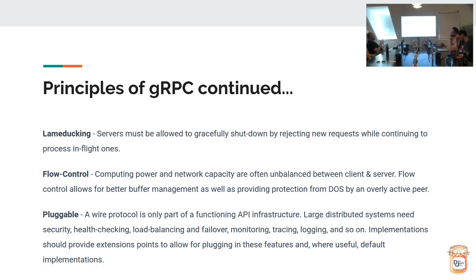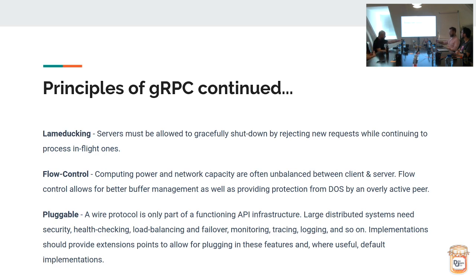Lame ducking is basically supported in gRPC. So when you're closing your service, for example on shutdown or restart, it doesn't accept new requests until everything is processed. For example, if you are using Spring and gRPC together, after every Spring context is destroyed, you can just ask gRPC to close itself.